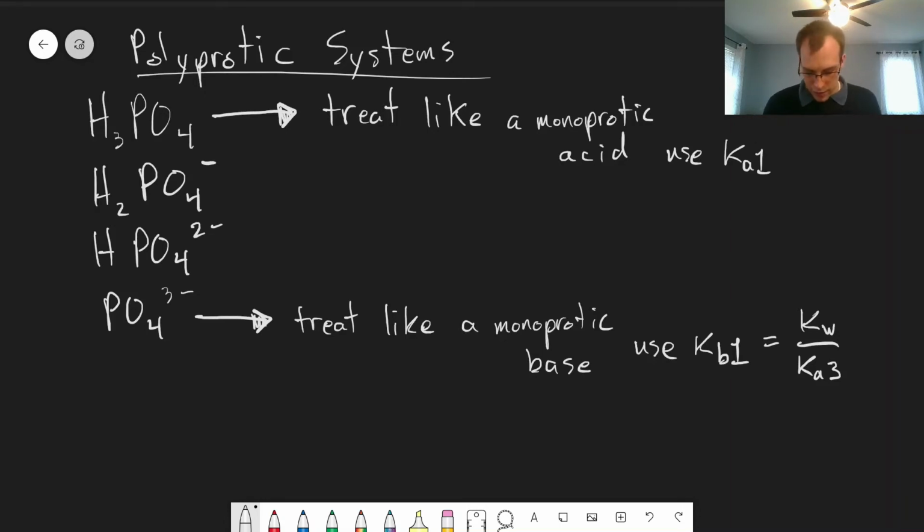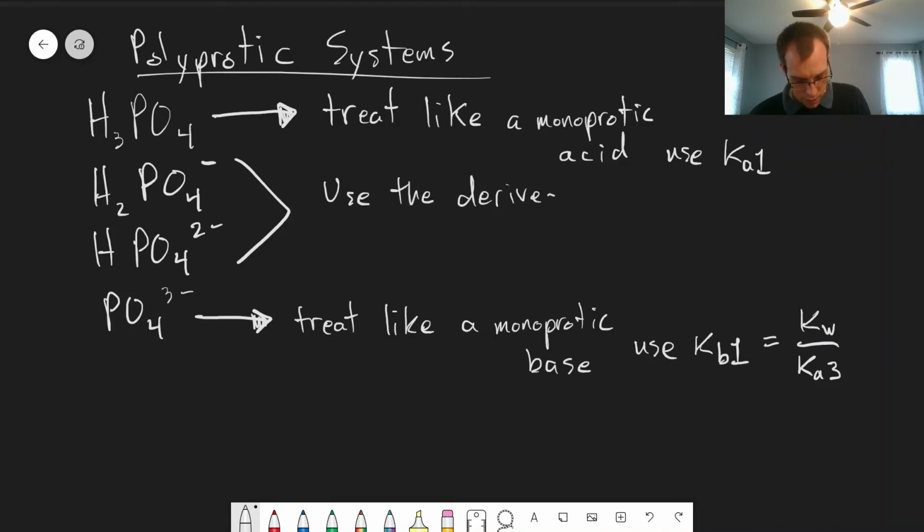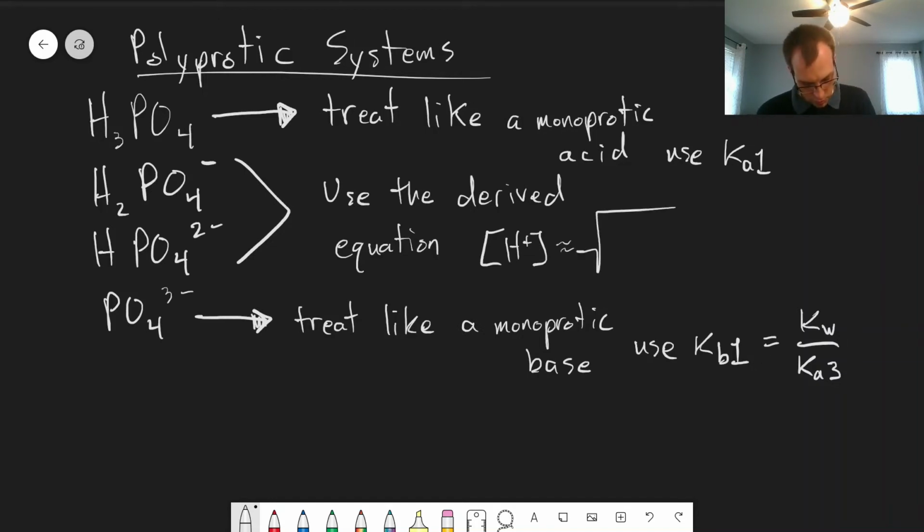All right, and then for our 2 intermediate species, we use the derived equation. And what I mean by that is the equation that we spent a long time deriving, where concentration of H plus is approximately equal to the square root of (K1 K2 F plus K1 Kw) over (K1 plus F).